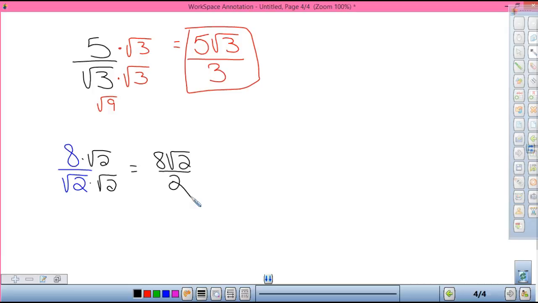Can I reduce that? Yes. What's 8 divided by 2? 4. So my answer is 4 root 2. Remember this a little bit? I hope so. Should we do one more rationalizing one? All right.